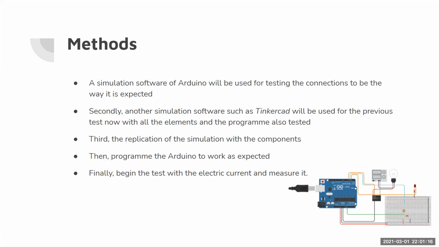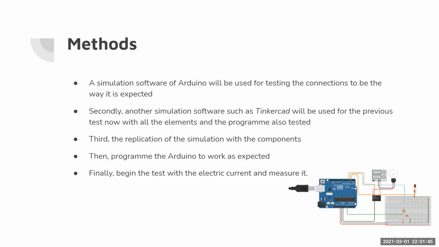Then in the second place, another simulation software such as Tinkercad will be used for the previous test, but now we're going to put all the elements together, and also the program of the Arduino will be tested. Then in the third place, the replication of the simulation in Tinkercad, but with all the components that we have in our house.